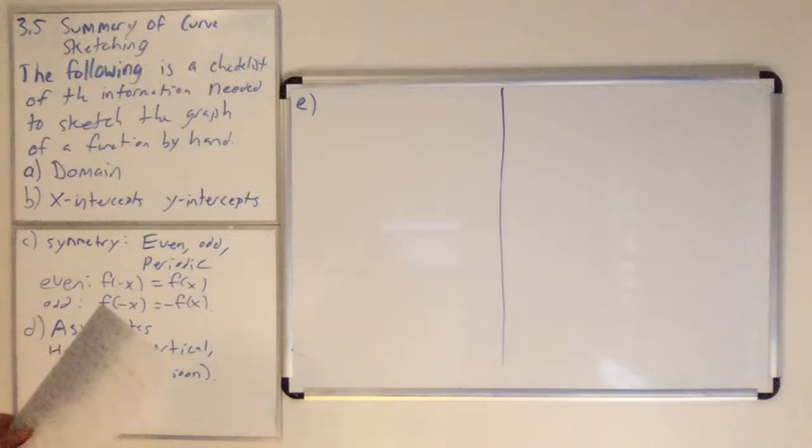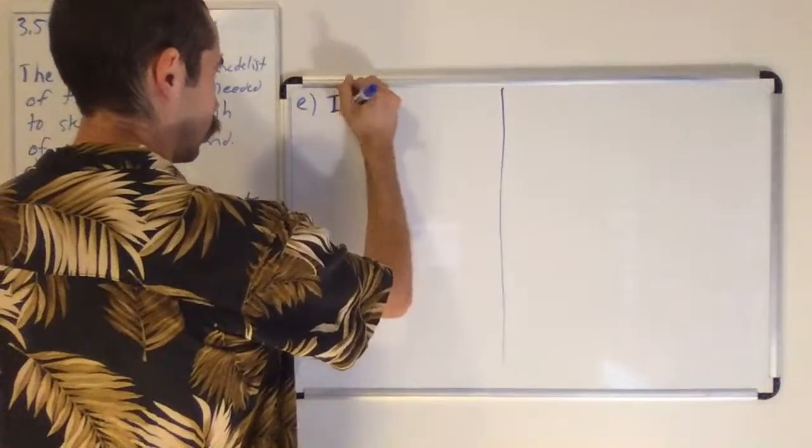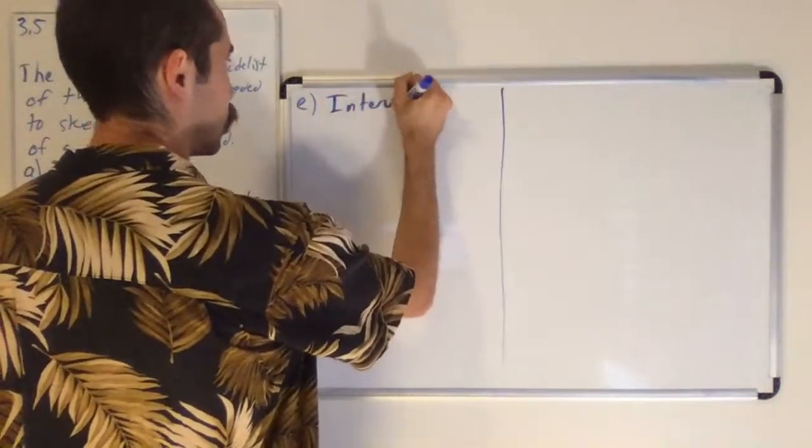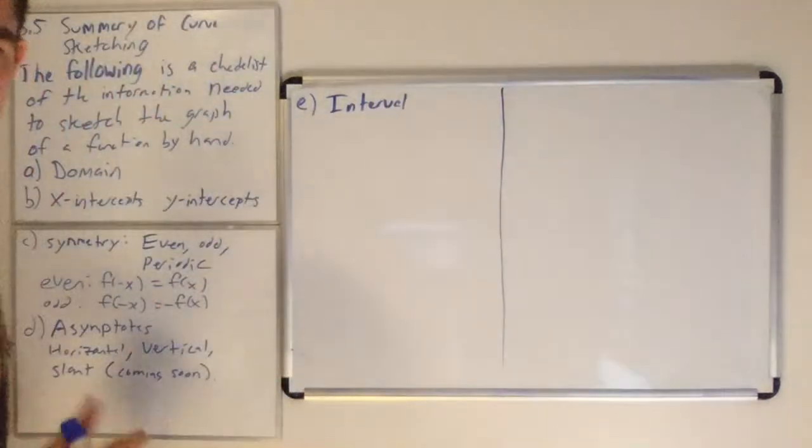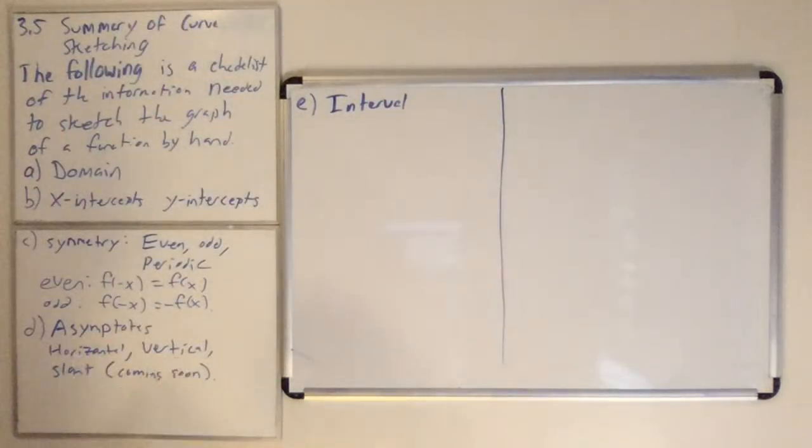Intervals of increase or decrease. So just type in the chat, how do we find when our function is increasing or when our function is decreasing?